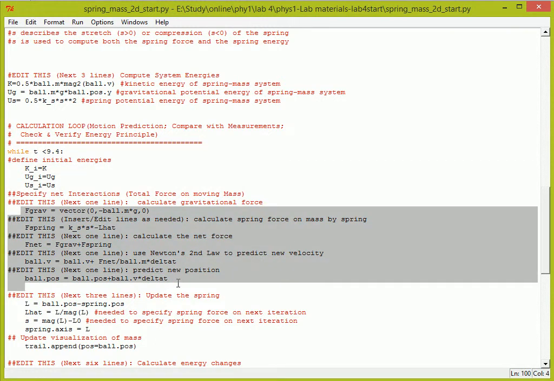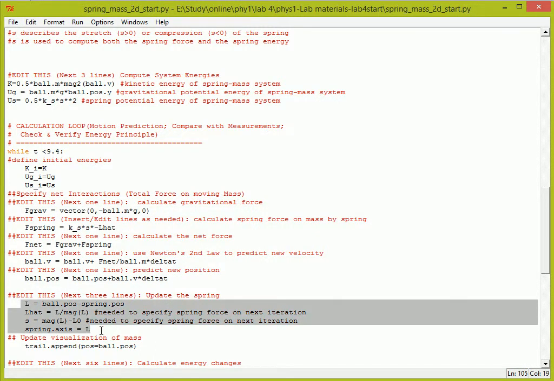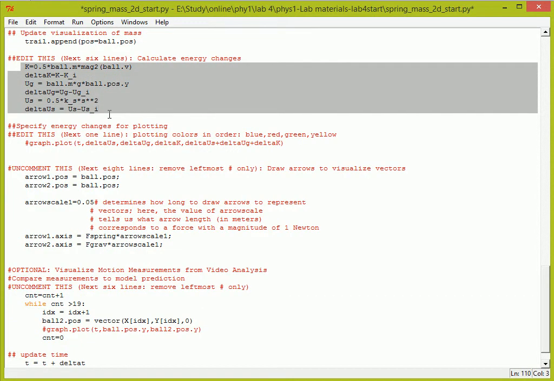Here we set Newton's second law to predict the motion. These lines update the state of the spring. These lines update the energy changes so the computer can draw the energy graphs. These lines set the arrows of the gravitational force and the spring force.